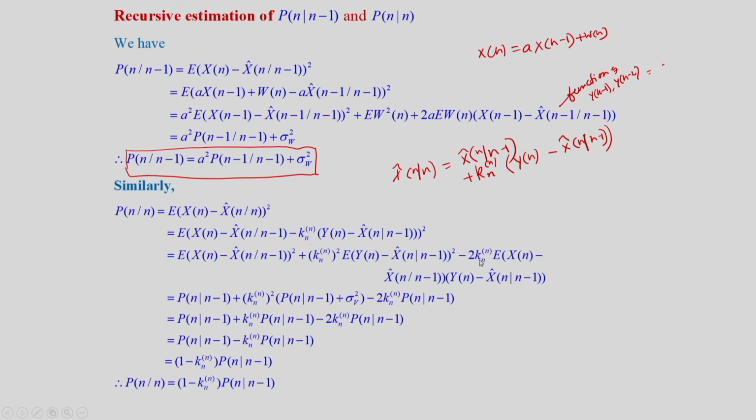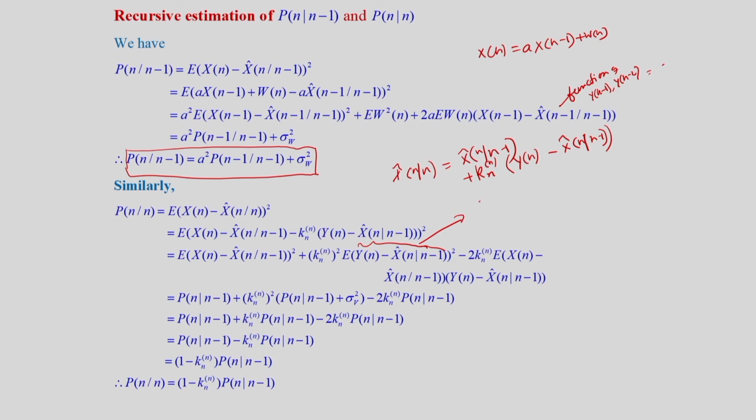So, minus twice K[n] into E of (x[n] minus x̂[n|n-1]) into this part, (y[n] minus x̂[n|n-1]). Now, obviously, this part is the mean square prediction error P[n|n-1].